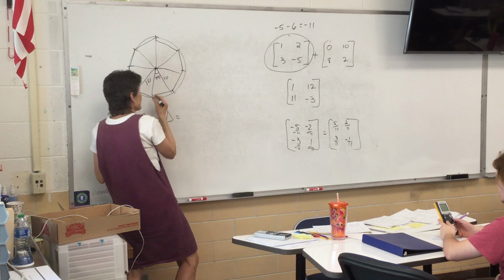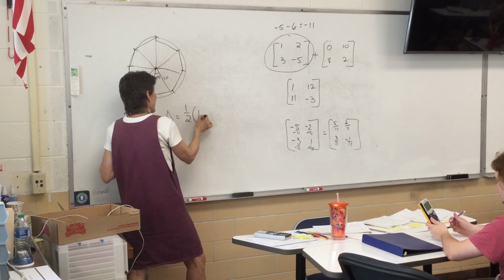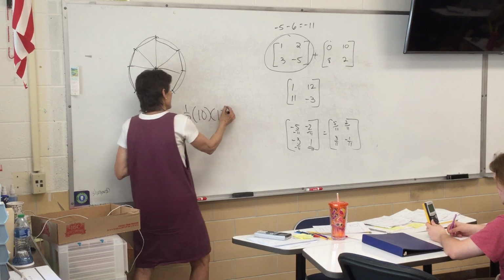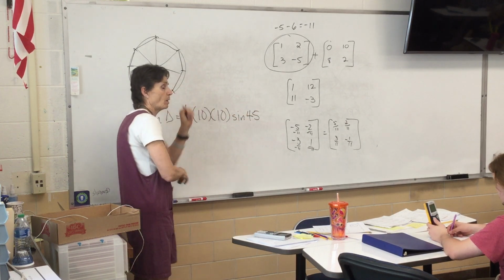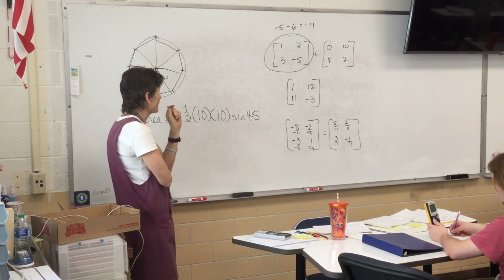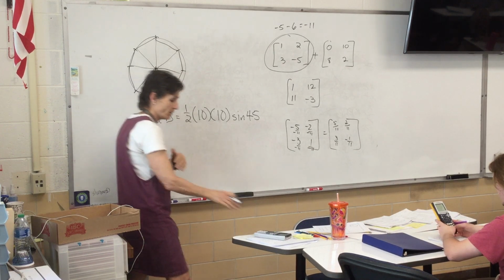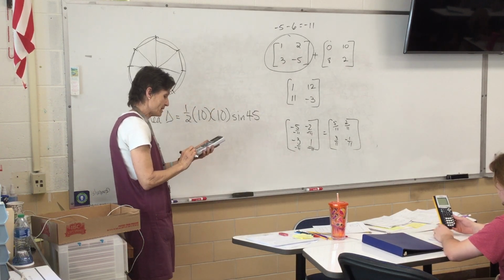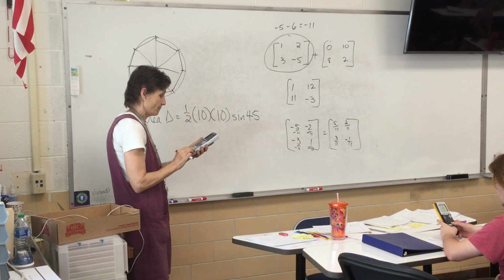So the area of the triangle is 1/2 side times side times the sine of the included angle. I'll multiply all that together, and that'll be the area of the triangle.